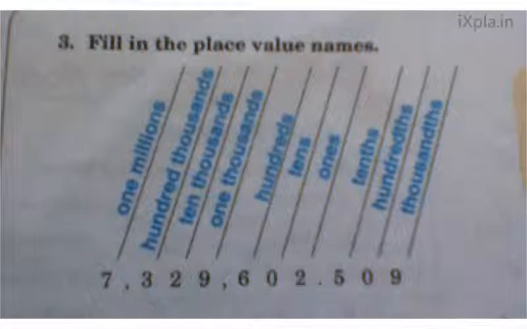Number 3 on 234. I've got the answers kind of blurry up on the screen here. And you can start filling them in. We're filling in our place value names. And we're used to our ones and our tens and our hundreds and our 1,000s, 10,000s, 100,000s.